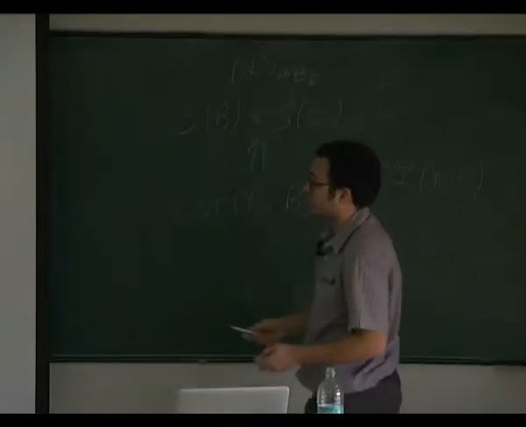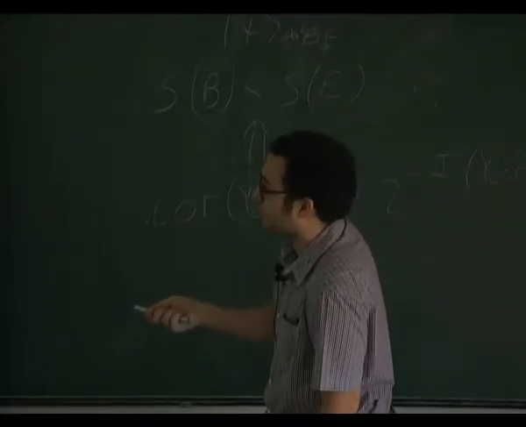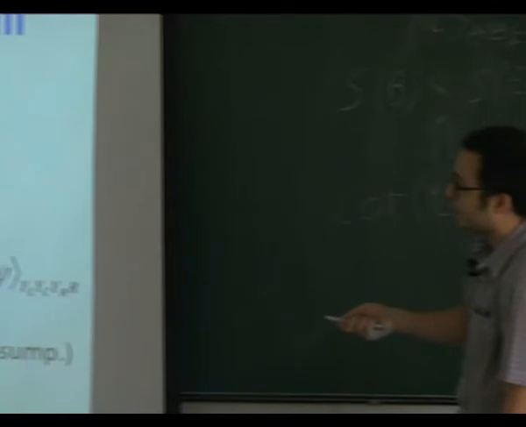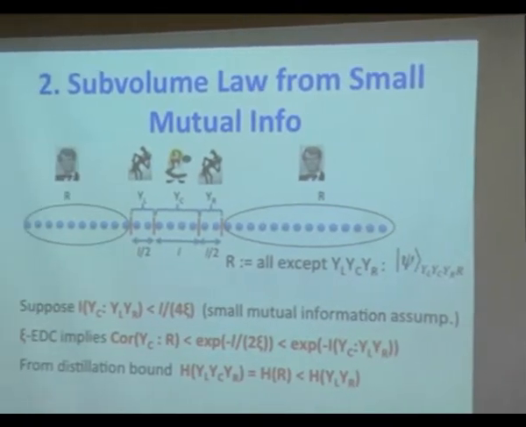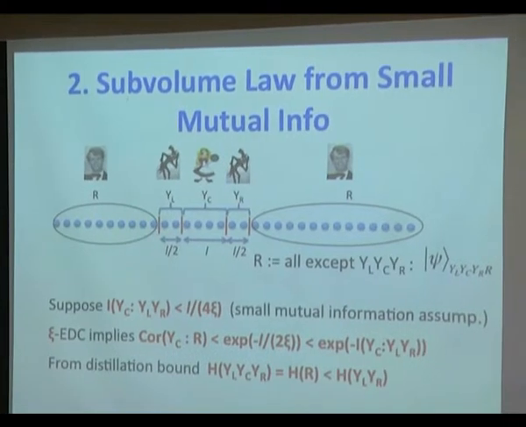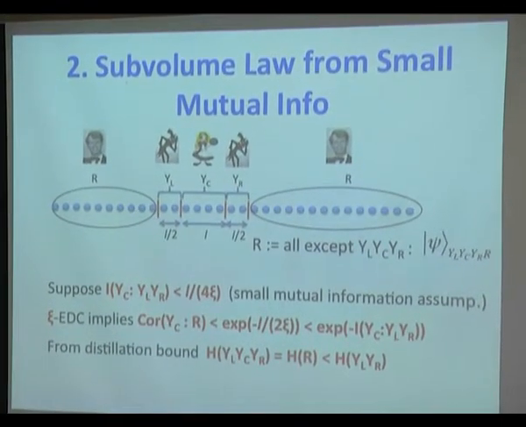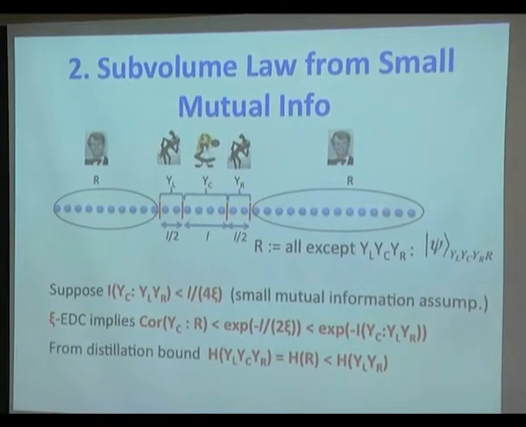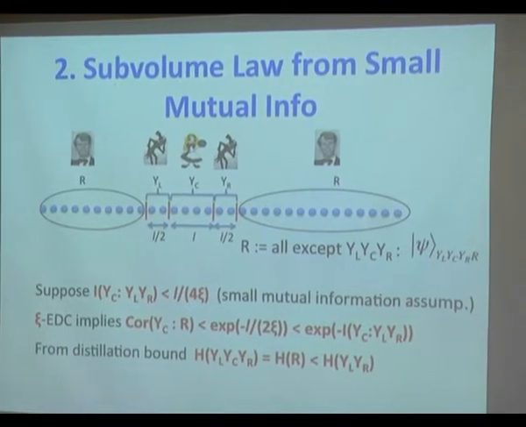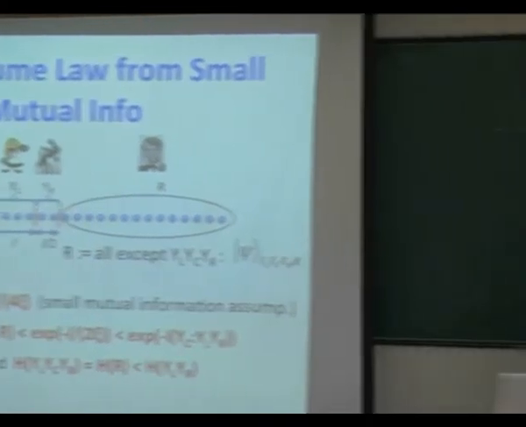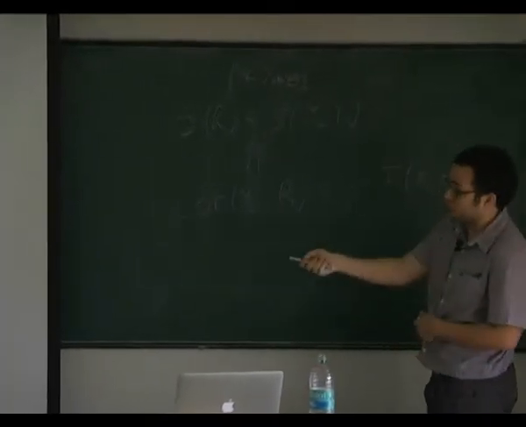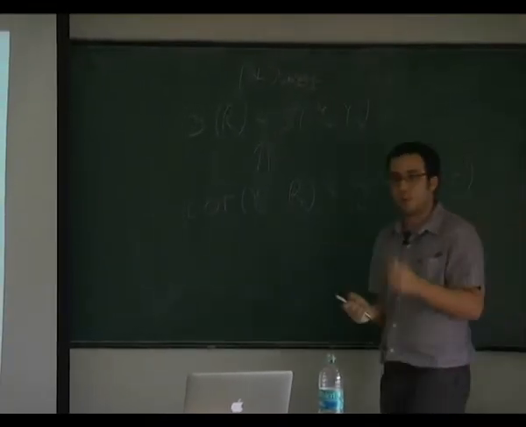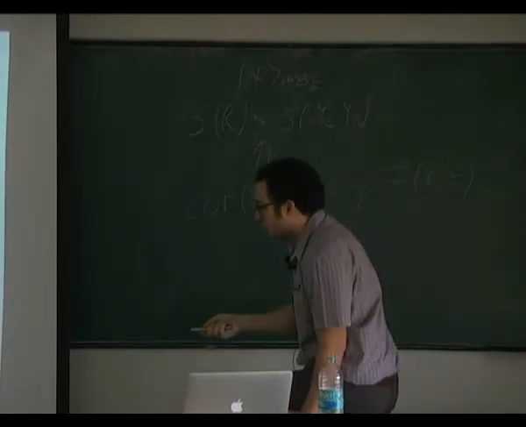What's Bob? Bob is all the rest. And E is Y left and Y right. So where we have E here we put Y left and Y right. Okay? And now Bob is the rest, right? So when we have B, we put R here. Okay, so this is exactly this relation we saw before, but in this weird way of assigning Alice, Bob, and Eve.